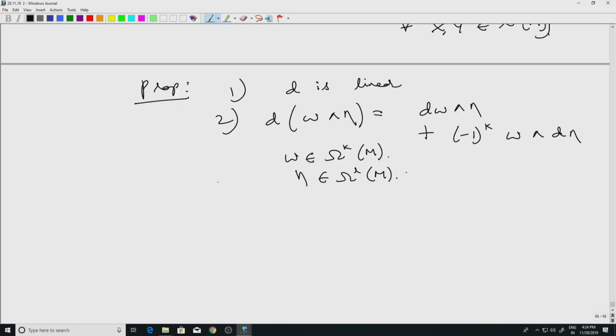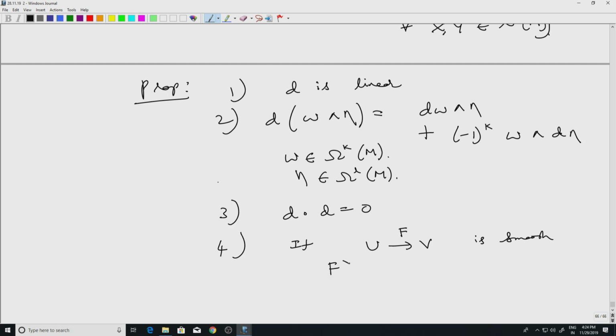The third thing is d squared equals zero, and the fourth thing is, if f is a smooth map from U to V, then U and V are open subsets of Euclidean spaces, not necessarily of the same dimension, they can be of different dimensions as well.